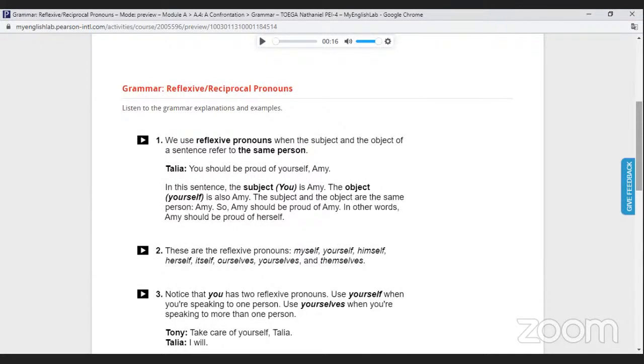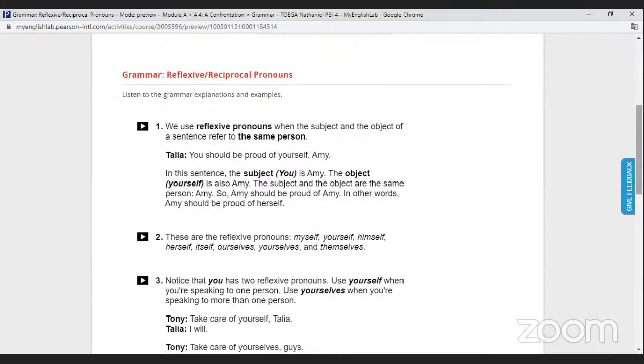Okay, Nathaniel, so we're going to start with this topic about reflexive pronouns or reciprocal pronouns. Number one: we use reflexive pronouns when the subject and the object of the sentence refer to the same person. Please read this part. You should be proud of yourself, Amy.